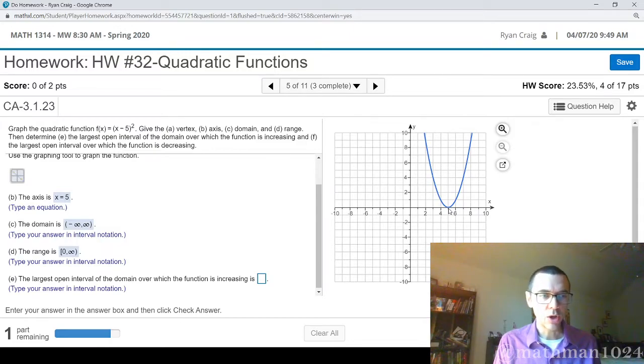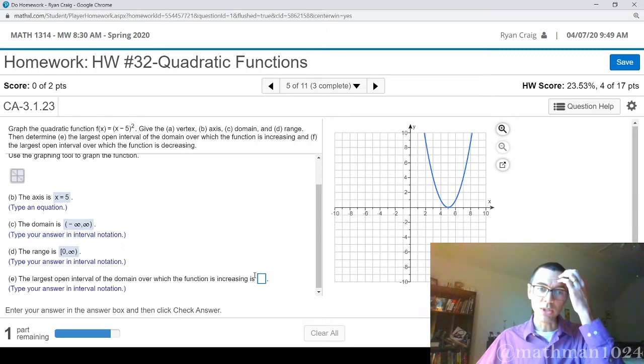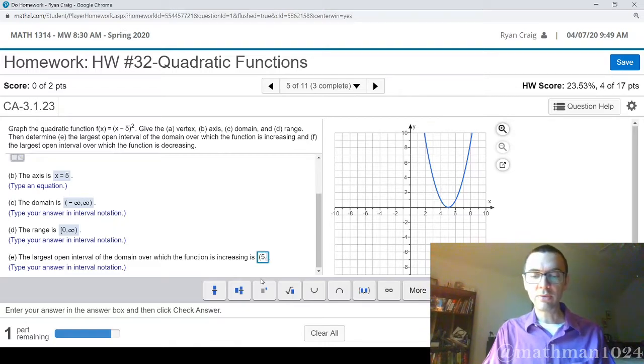So the open interval of the domain over which the function is increasing. That's what we were just talking about. If you trace with your mouse or your finger, you are actually decreasing until you get to x equals 5, and then you're increasing. So the interval over which it's increasing is going to be open interval, which means parentheses on both sides. It's going to be 5 to infinity.